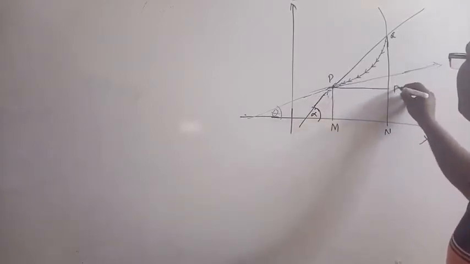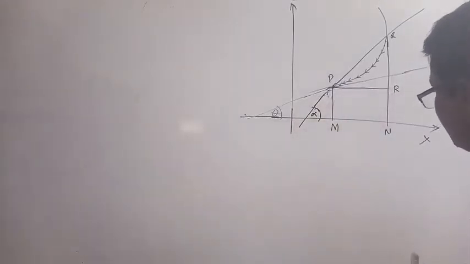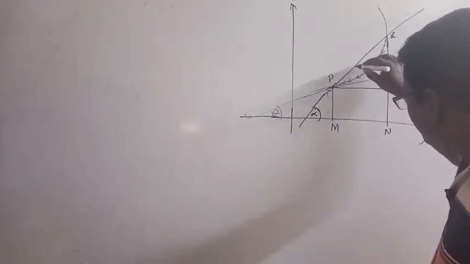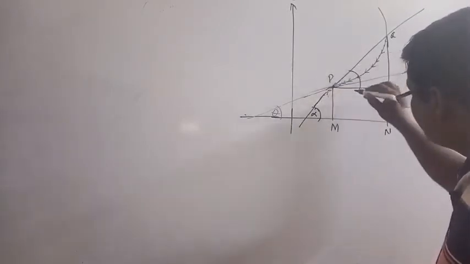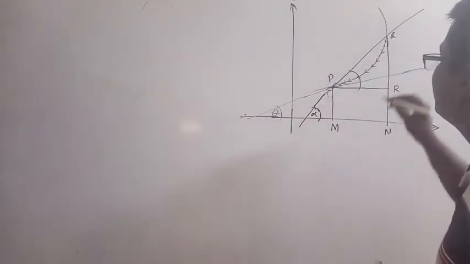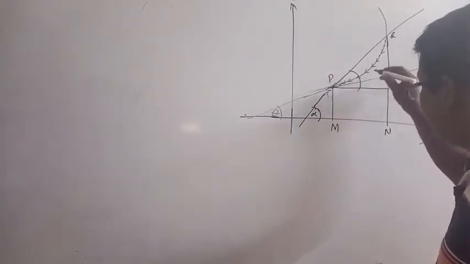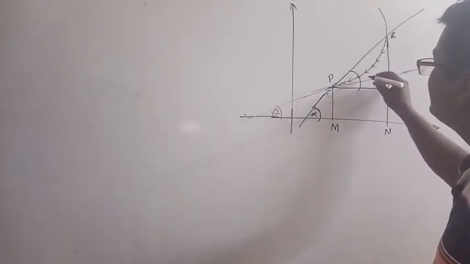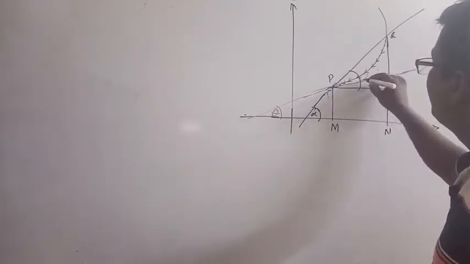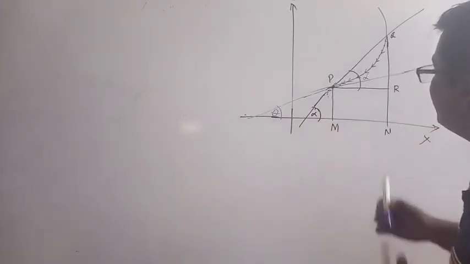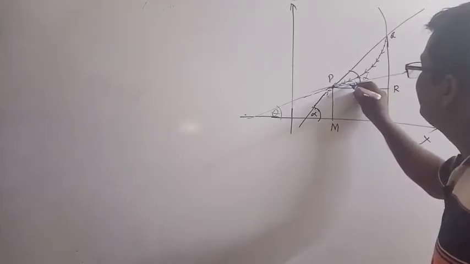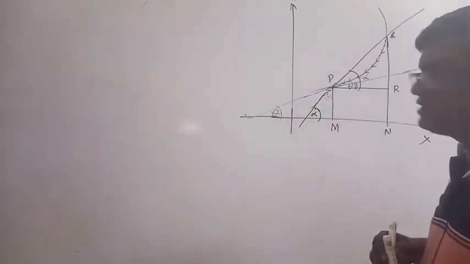Suppose this is R. What is this angle? This angle is alpha, right? And this angle is theta.